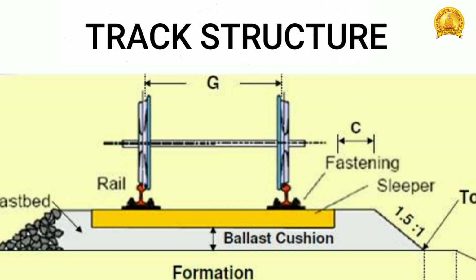The blue color indicates the wheels of the train, and there is an alphabet G shown. What is this? G means gauge. Gauge is the distance between the rails. You can see in the figure the inner distance between the two rails is termed gauge, the gauge length.